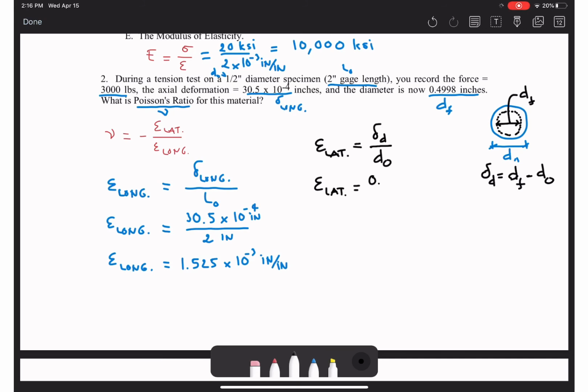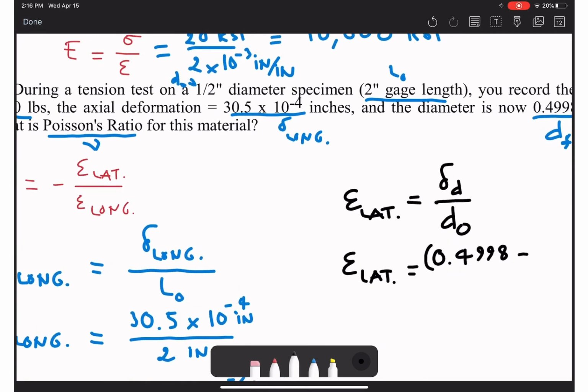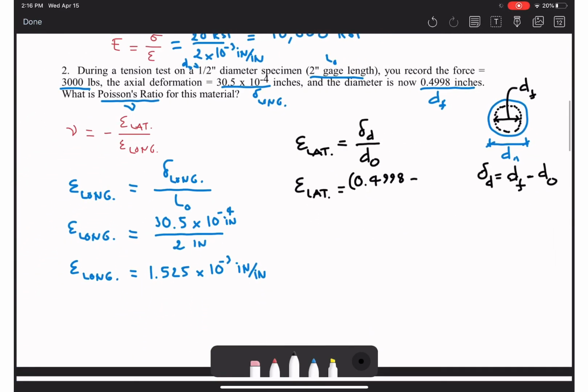So you have 0.4998 inch, original diameter specimen, 1/2 inch, so 0.5, and the unit is inch, divided by original diameter 0.5 inch.